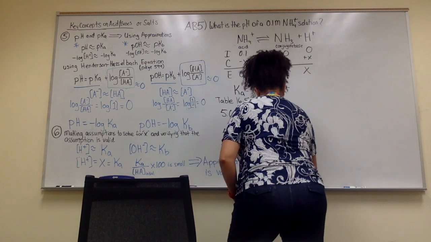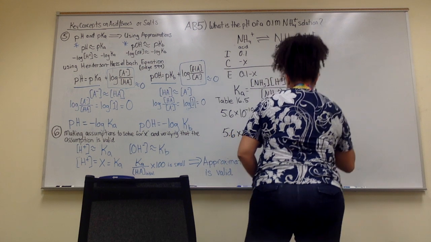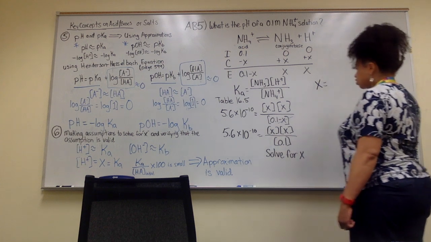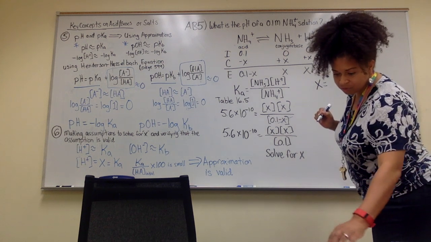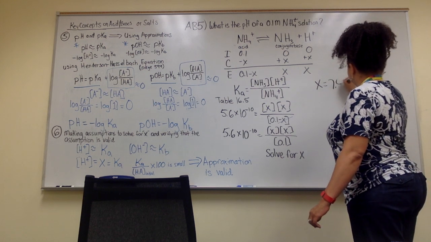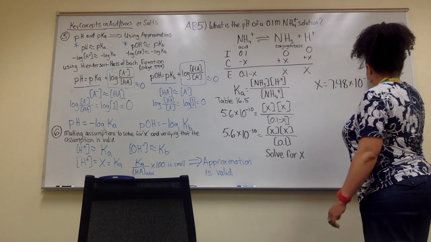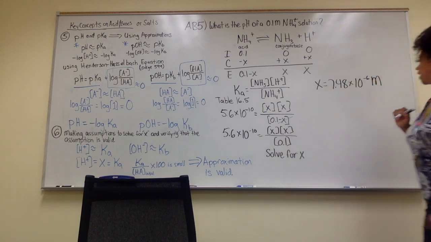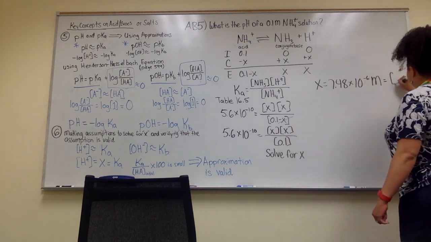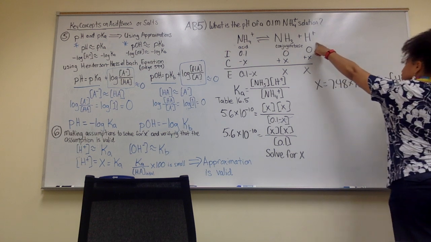Solve for X. And we find that X is equal to 7.48 times 10 to the minus 6 molar. Okay, so this then is equal to our H plus concentration, which is here in our ice table.